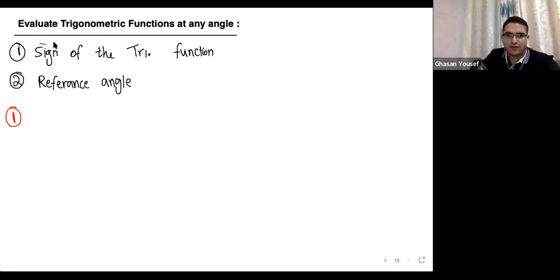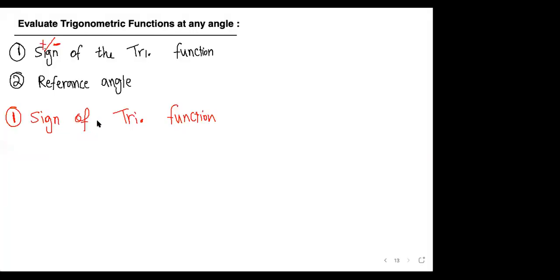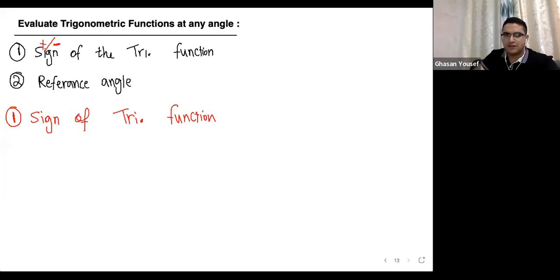The sign means positive or negative. This is the meaning of sign. So the sign of the trigonometric function, this is number one here.